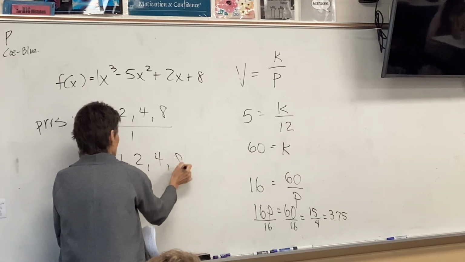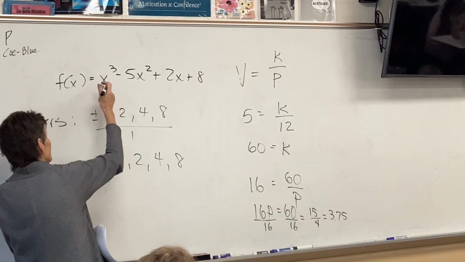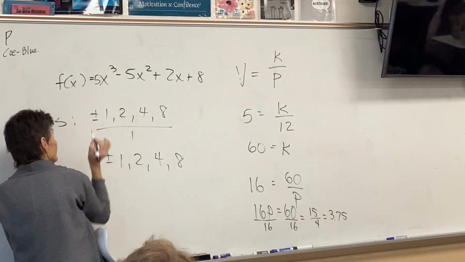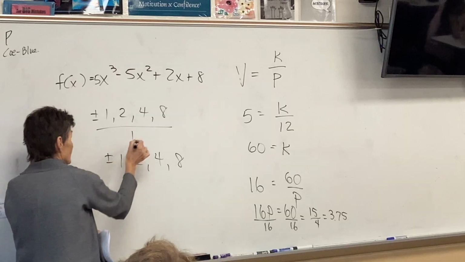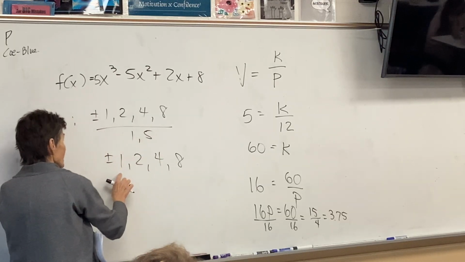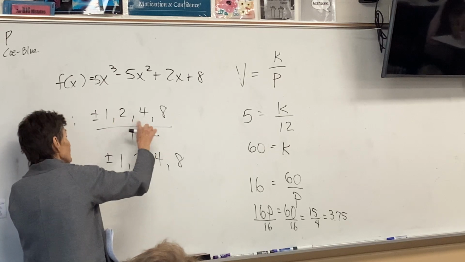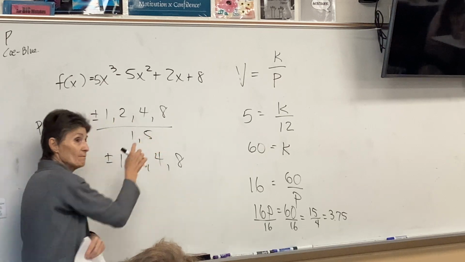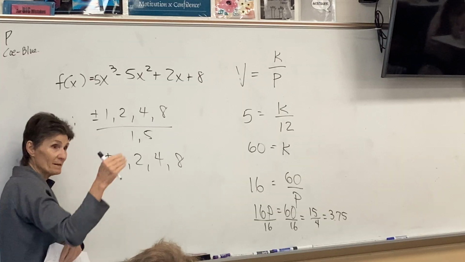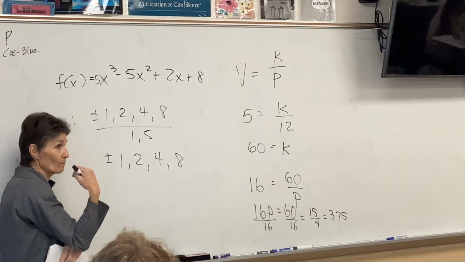That's all I got. But if there had been a number out here, like a 5, then I would not only have these numbers, but I would also have 1/5, 2/5, 4/5, and 8/5, right? Every combination of every top number over every bottom number.